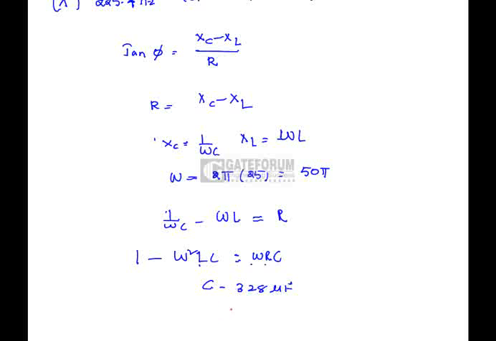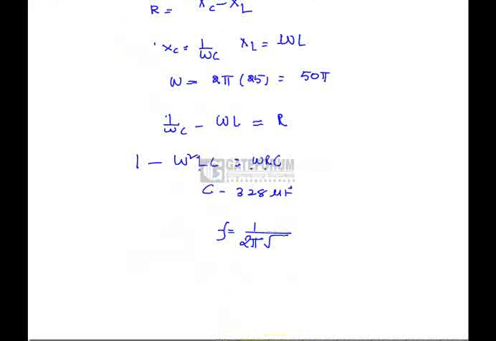After getting this, we need to calculate the resonance of the series RLC circuit. The resonant frequency is 1 by 2 pi under root LC. If we substitute, we will get 35.9 Hertz. Hence option D is correct.